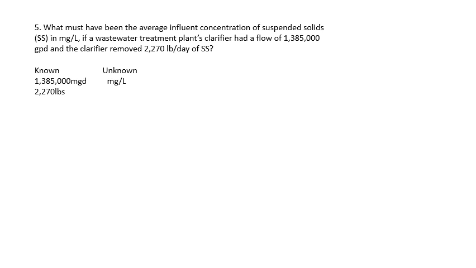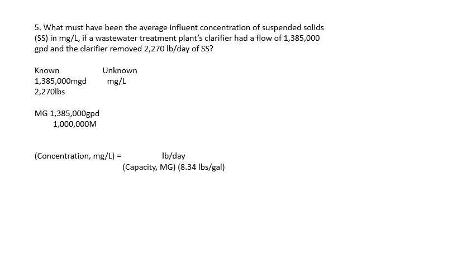So what you know is the flow was 1,385,000 gallons, 2,270 pounds, and we're looking for milligrams per liter. Again, we're using the pounds formula. We're going to have to rearrange this so that we can solve for milligrams per liter. So rearranged, the concentration in milligrams per liter is equal to the pounds per day divided by the million gallons times 8.34 pounds per gallon.